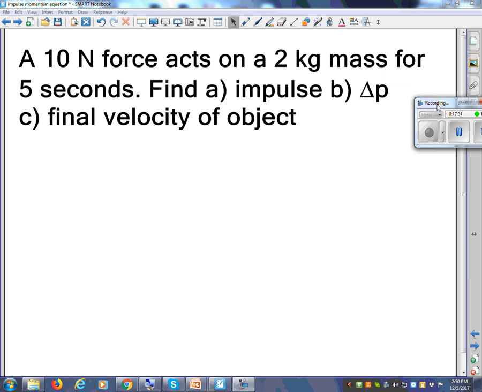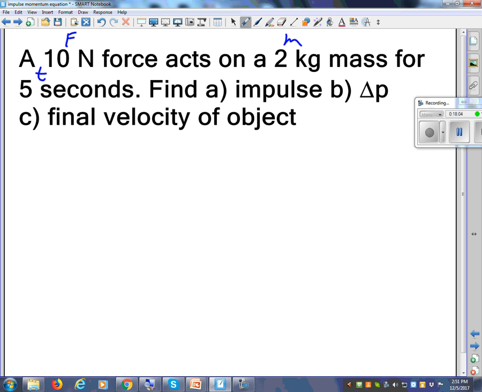Question number 2 says a 10 newton force acts on a 2 kilogram mass for 5 seconds. Find the impulse, find the change in momentum, and find the final velocity of the object. So we've got the force, we've got the mass, we've got the time.